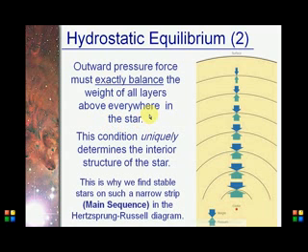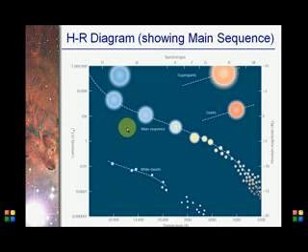This is why we find stable stars on such a narrow, strict main sequence in the Hertzsprung-Russell diagram. That's why stars are always here. There is a ratio between temperature, luminosity, mass in this direction, and radius, because this equilibrium must always stay, or the star will not be there.